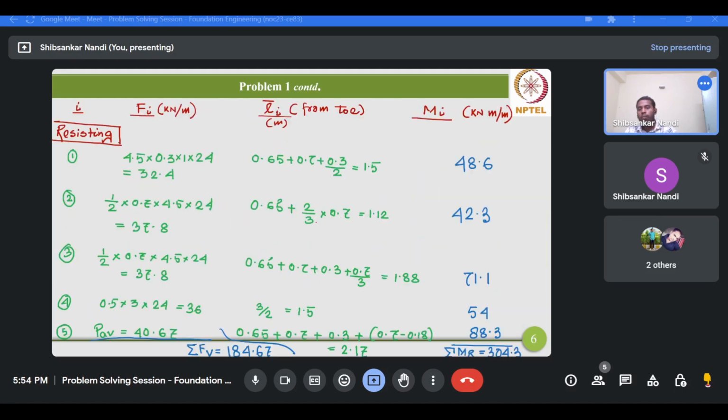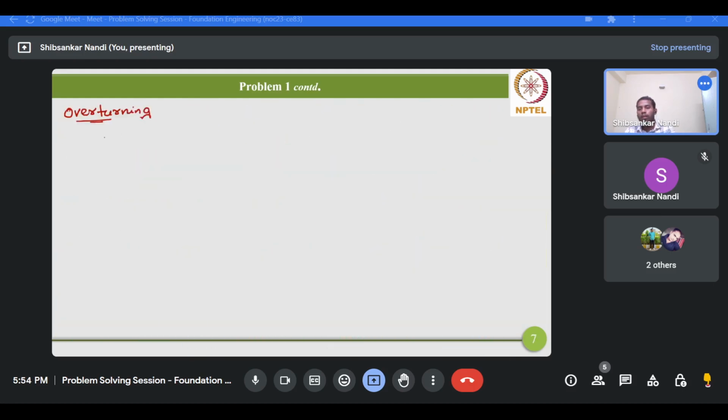Okay, so this is the lever arm. So therefore the overturning moment MO will be PAH multiplied by H by 3.